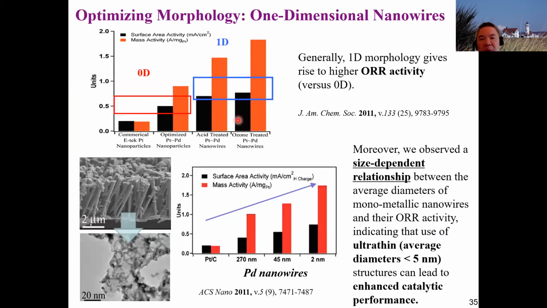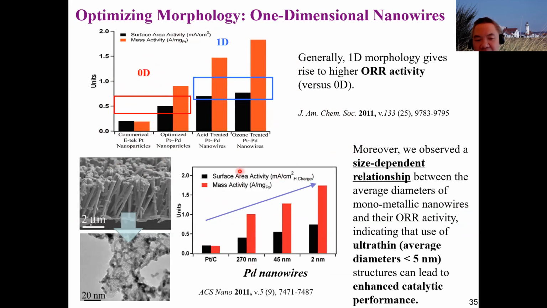What I'm also showing you here is something which I mentioned earlier, that the morphology, the architecture will also be crucial. So whether I'm looking at a so-called 0D, which is a round particle, versus a 1D, which basically means a long wire-like material, the 1D wire is going to behave better than a 0D spherical particle.